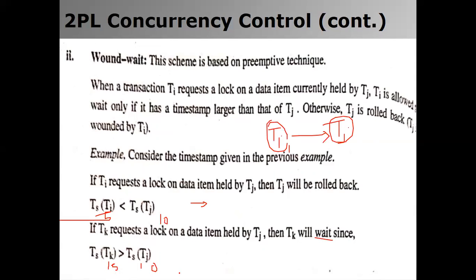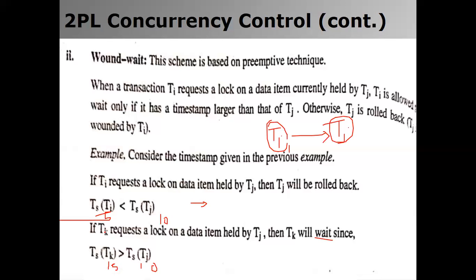But in wound wait, if it is the old transaction, then it is executing and the young transaction is rolled back, and if it is the young transaction, then it is waiting. This is the difference between the wait die and the wound wait protocol. So these are the two important protocols that work as a prevention policy, and they remove the deadlock.